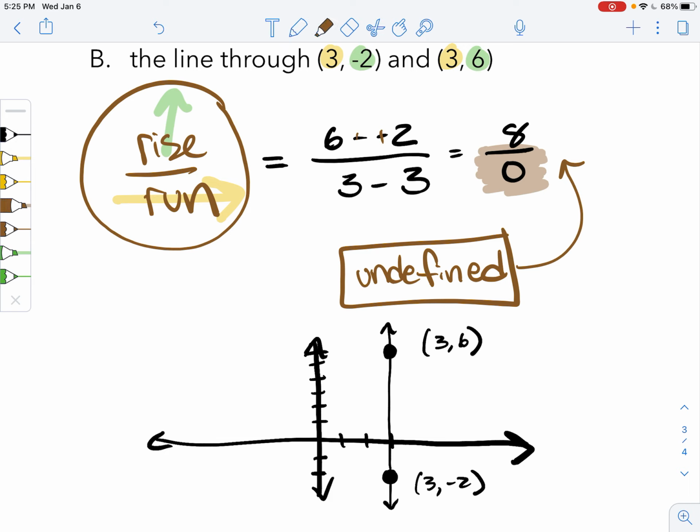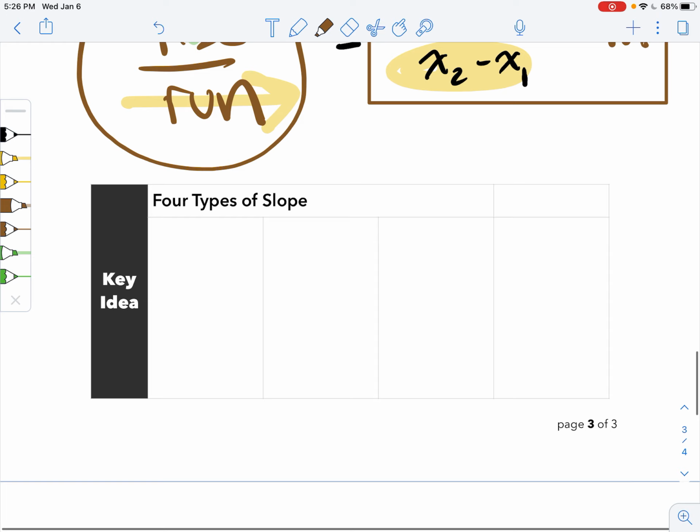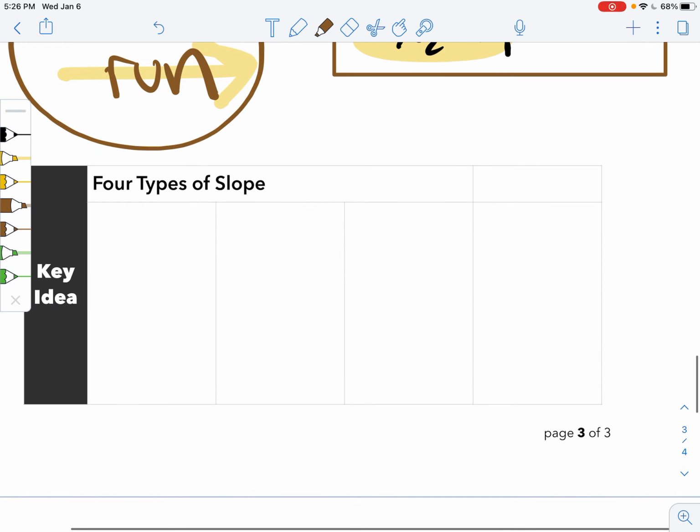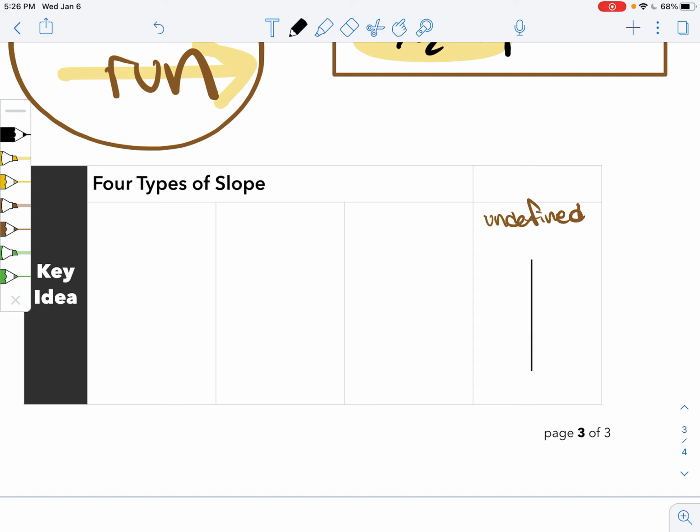We say all vertical lines have an undefined slope, right? So if you have slope that's undefined, it's going to take the picture of a graph that looks like this. You're going to have your x-axis and your y-axis, but then your line itself is going to be vertical.